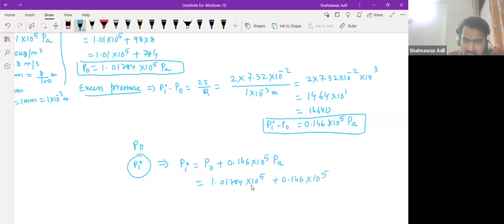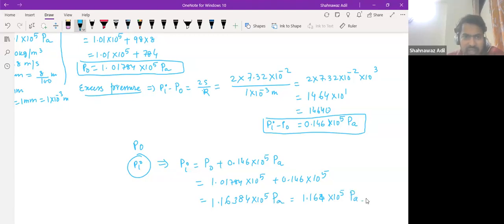So these are on the same order, right? So then this would be how much? This is 1.164 into 10 to the power 5 Pascal.